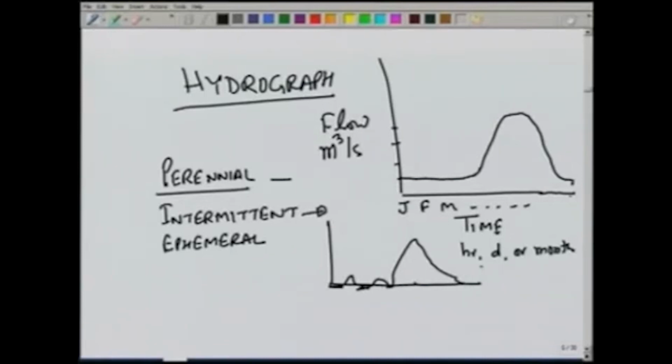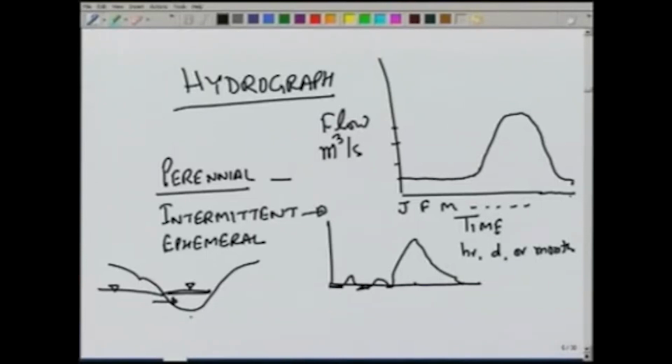Typically what happens in these kinds of streams is that the groundwater level, in absence of a storm, when there is no precipitation falling on the area, groundwater flow or the base flow is the one which sustains the flow in the stream.